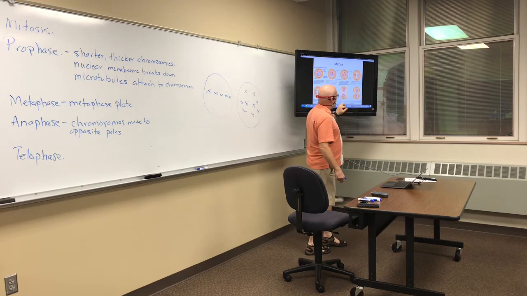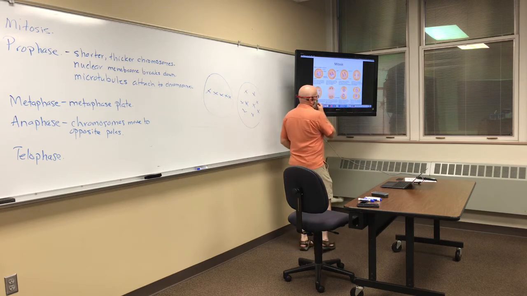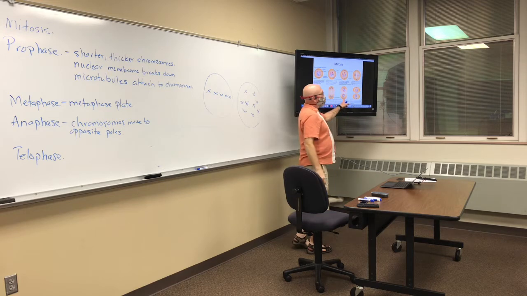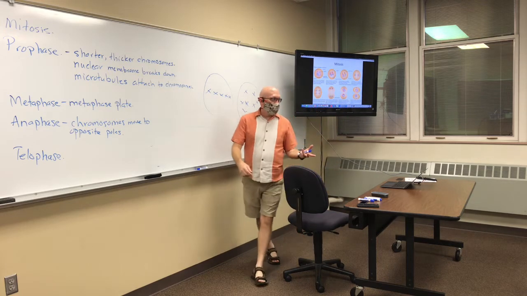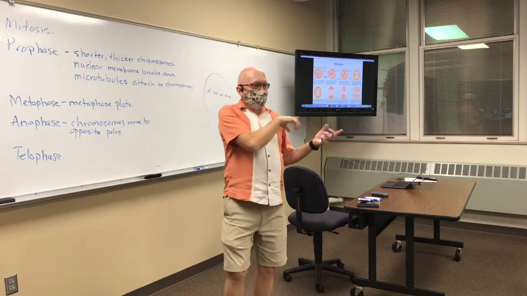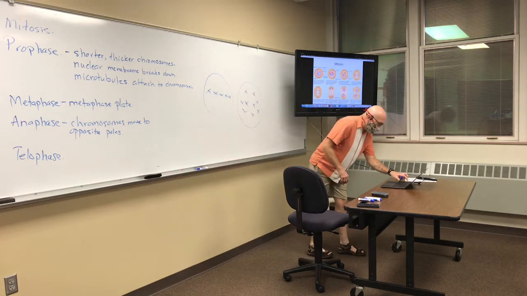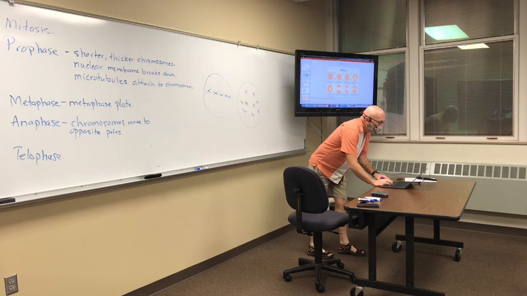But point being, in the new cells that are formed, we have 2 red chromosomes just like in the beginning. We have 2 blue chromosomes just like in the beginning. 2 red, 2 blue. It's just that this is showing too many copies of the DNA. So when you read this, as a matter of fact, I'm trying to think, I don't have it in the notes.